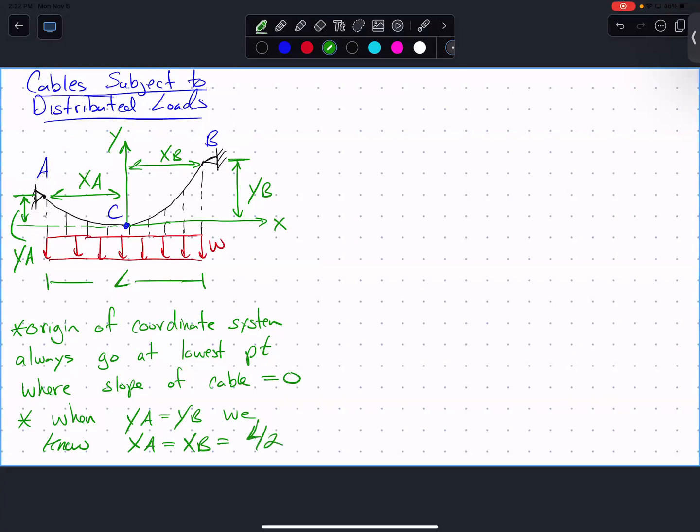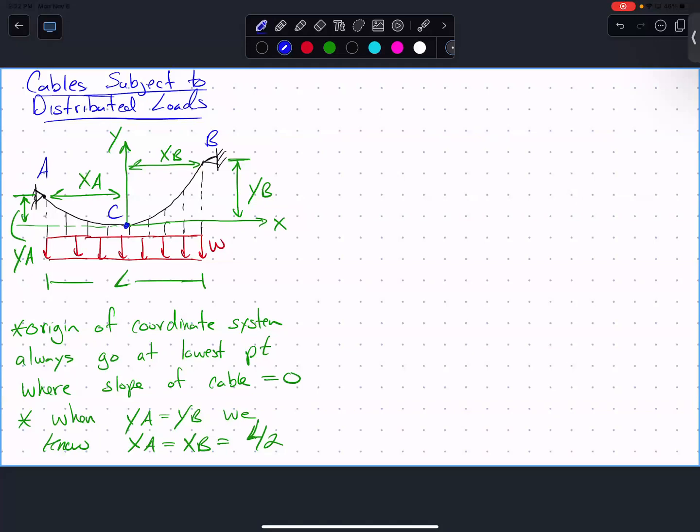Right, it's going to be right in the middle, which is a huge advantage. If we know that, we know our geometry. We don't have to solve for our geometry. But like in this problem here, we don't know that. And so one of the first things we're going to have to figure out is, where is that low point located? What is XB? What is XA?